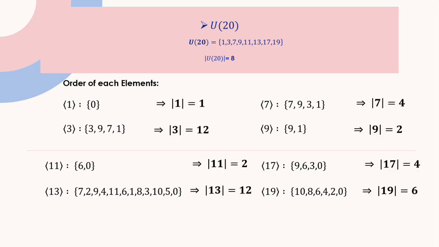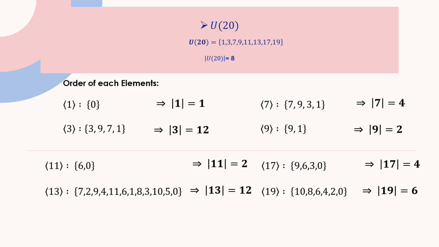For number 1, the elements under number 1 mod 20 is 0. Therefore, the order of number 1 mod 20 is equal to 1. For number 3, the elements under number 3 mod 20 are 3, 9, 7, and 1.